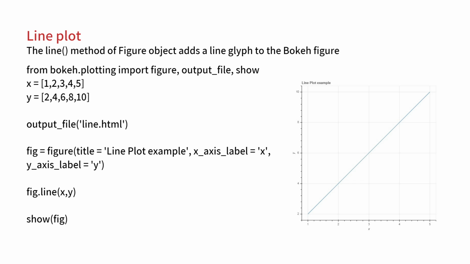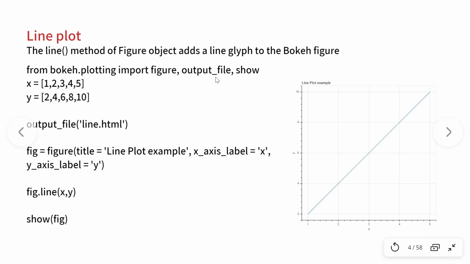Let us start with the line plot, one of the very basic plots that you can produce. The logic is very simple. You need to make the necessary imports from the bokeh.plotting module. So import figure, output_file, because here the Bokeh output is not produced within the Jupyter interface, rather it would be outside the Jupyter.